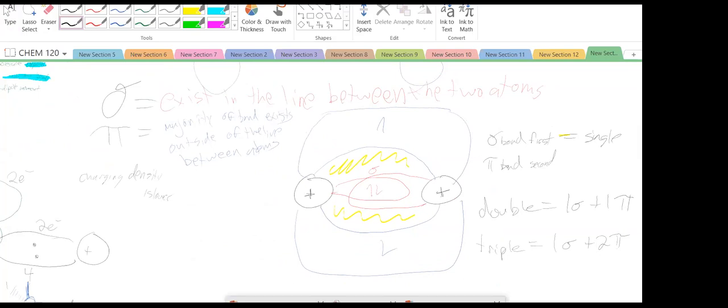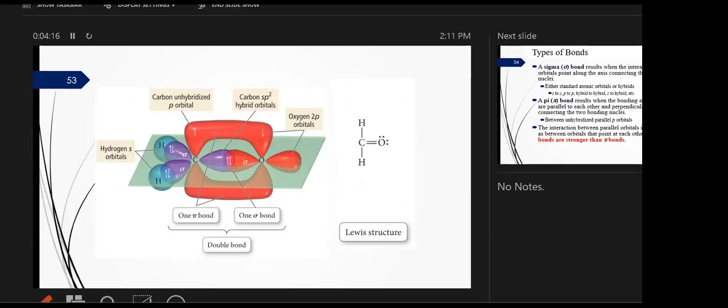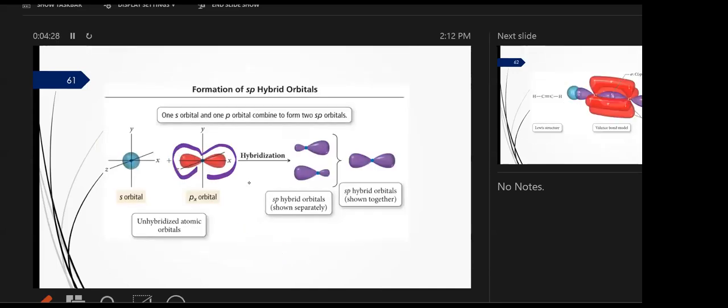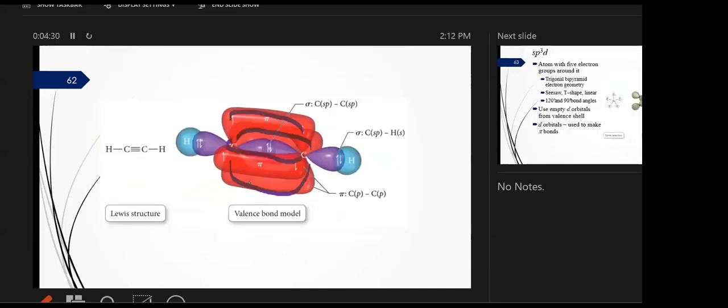So when we were looking at this structure, this is a double bond, and so that's why we have 1 sigma bond in the middle and then 1 pi. For this other one, this was a triple bond, and so it's got one sigma bond in the very middle right here. Then we had two pi bonds, one going top and bottom and one going front and back. Does that kind of clarify things?